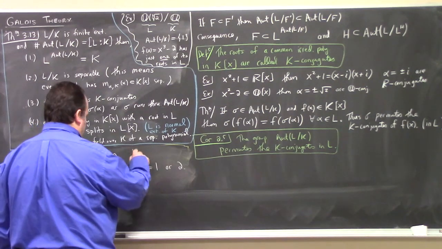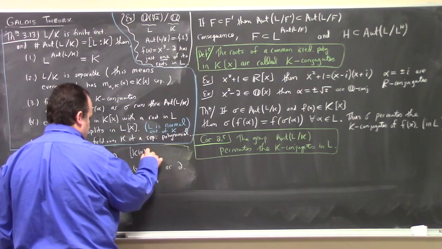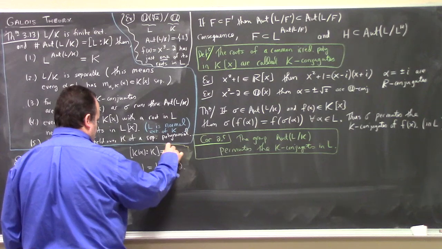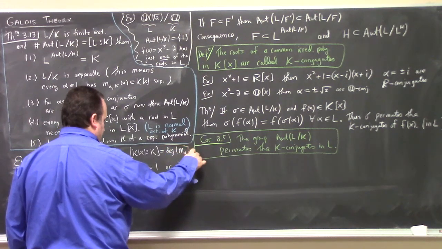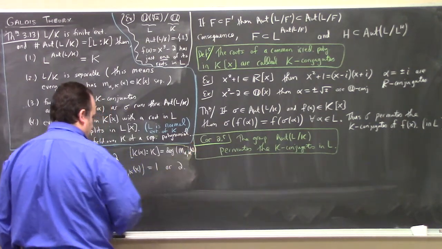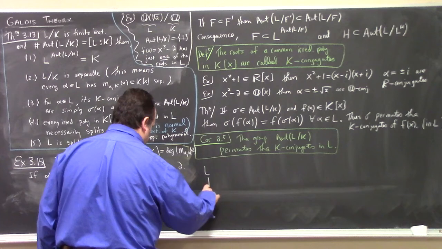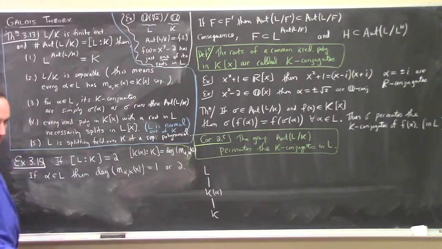If we take K and we extend by alpha, the degree of that over K is the degree of the minimal polynomial of alpha over K of X, right? But we also have the following picture: L, K(alpha), K. And L over K is 2, so that gives you... Right. That's precisely why we know.